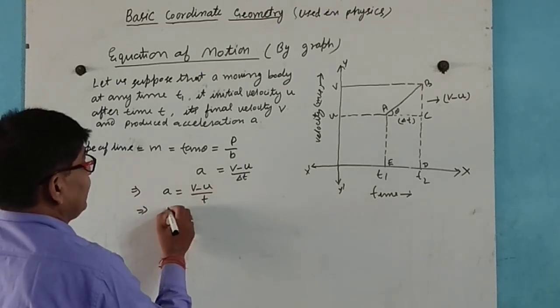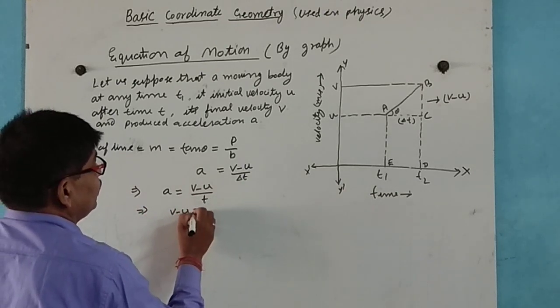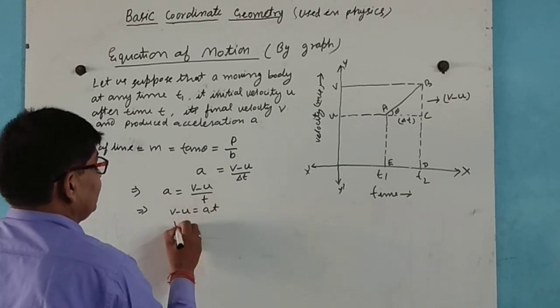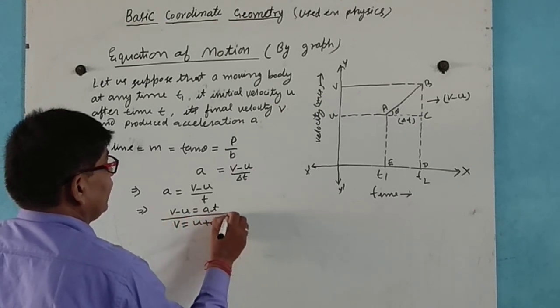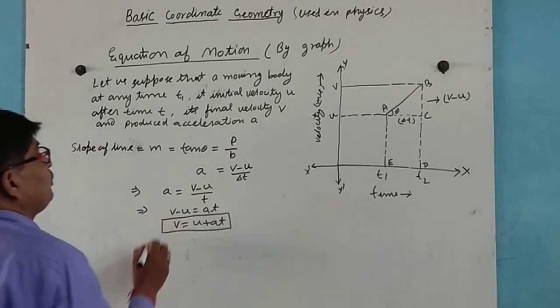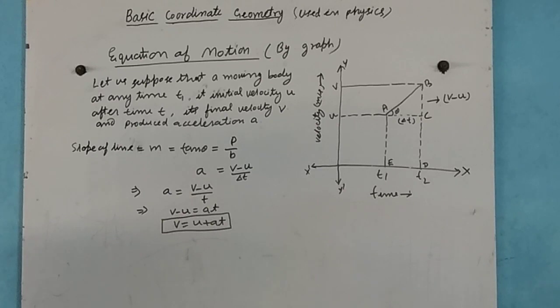By cross multiplication, v minus u equal to at, that is v equal to u plus at. This is the first equation of motion.